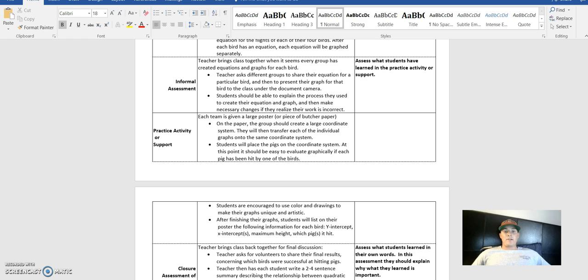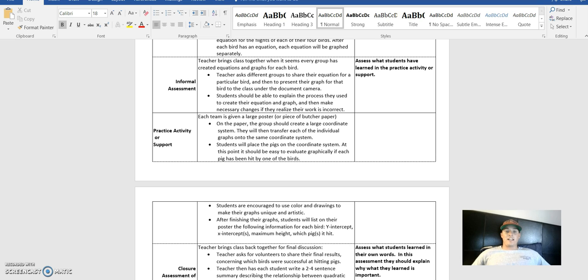So they put each flight of the birds, each parabola, on the same coordinate system, as well as the pigs at the coordinate pairs they were assigned. Ultimately, this would be an easy way to show if all the pigs have been hit by the different birds.